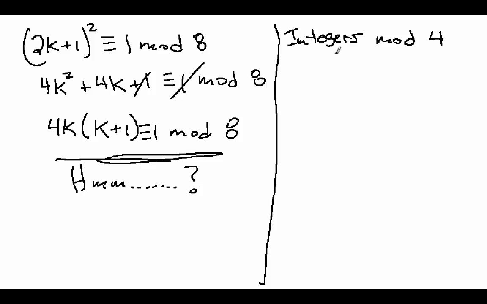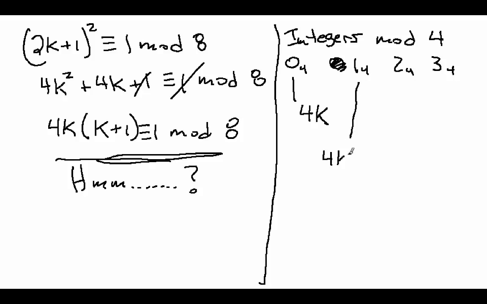And it turns out that if I'm talking about the integers mod 4, remember that's going to be those things called 0 sub 4 and 1 sub 4 and 2 sub 4 and 3 sub 4, which basically means these are all going to be integers of the form 4k, for k an integer, and these are all going to be of the form 4k plus 1, and these are all going to be of the form 4k plus 2, and these are all going to be of the form 4k plus 3.